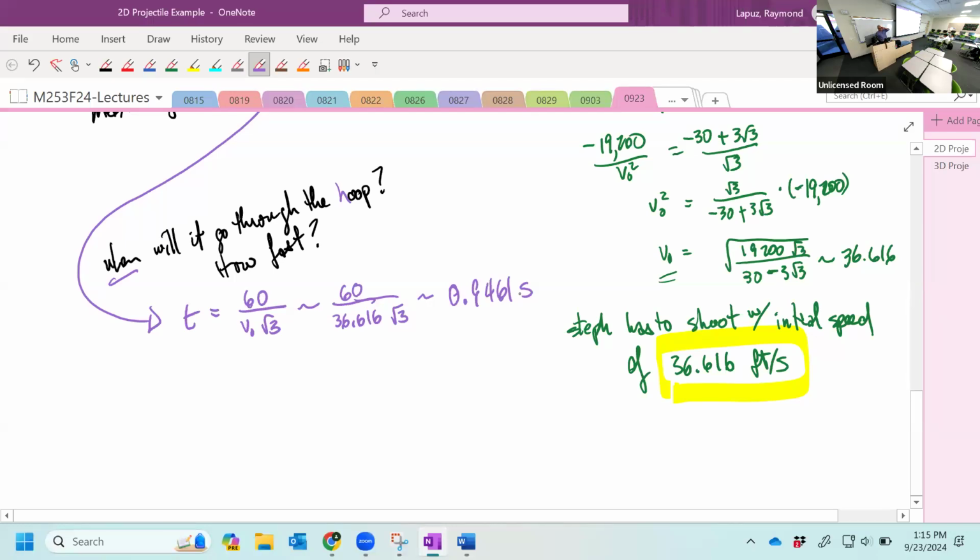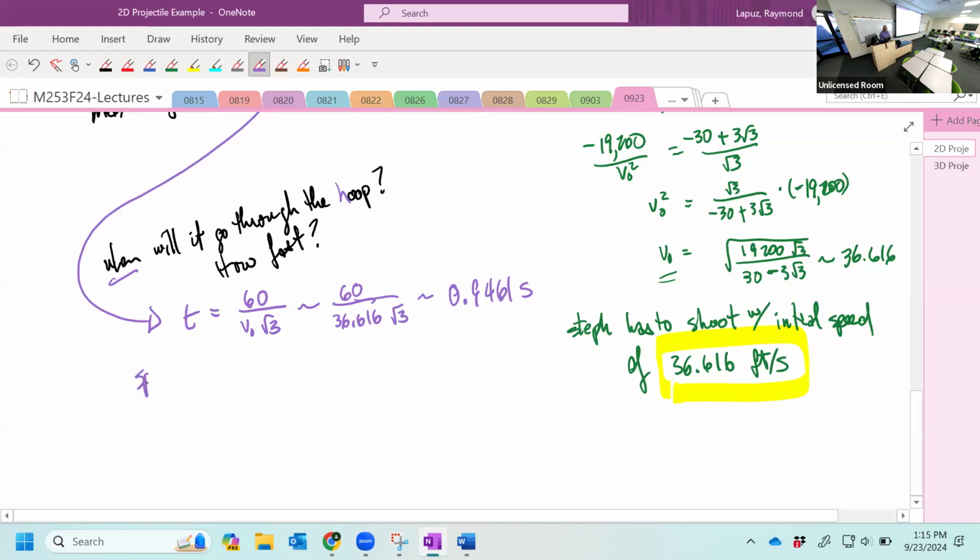All right, if you want to know how fast it's going as it goes through the basket, what do you need to do? Yeah. Take the velocity, magnitude. Magnitude of the velocity is the speed, right? So magnitude of the velocity, and then you put in the time that we got. Good.